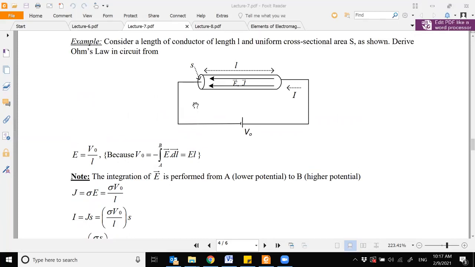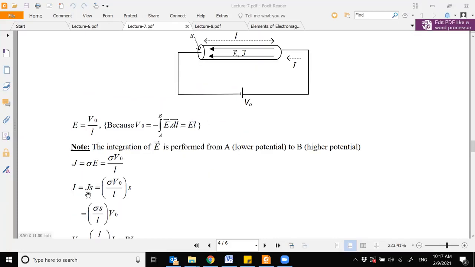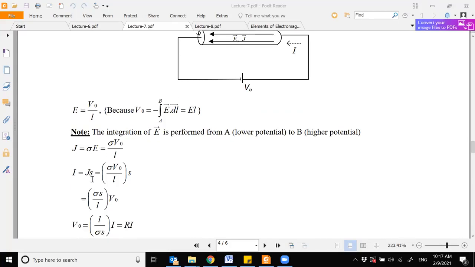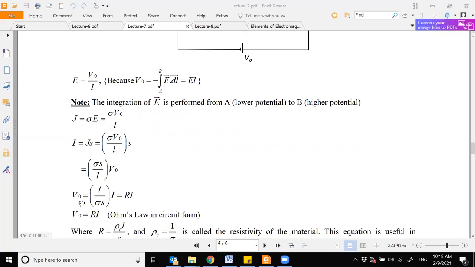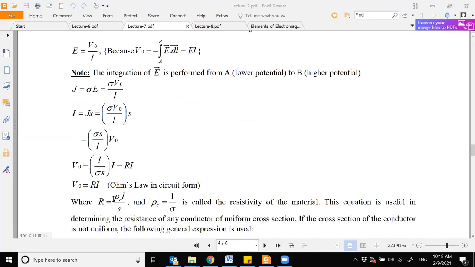But since our cross-sectional area is uniform, the integral of J bar dot ds bar over the surface will be just J multiplied by S. Now if we substitute J and do some rearrangements, we will see that V0 will become L over sigma S times I.